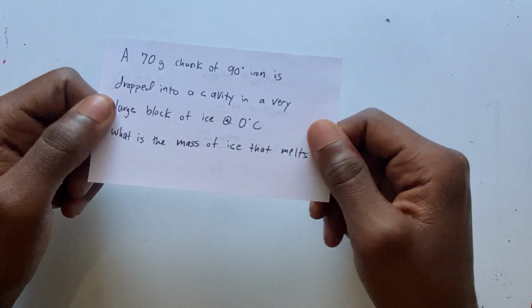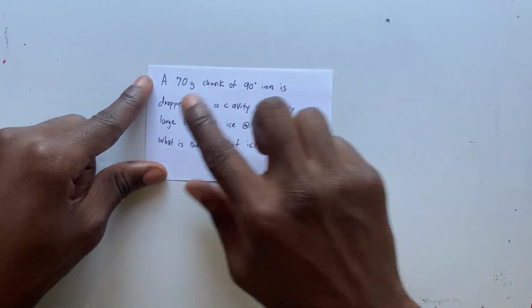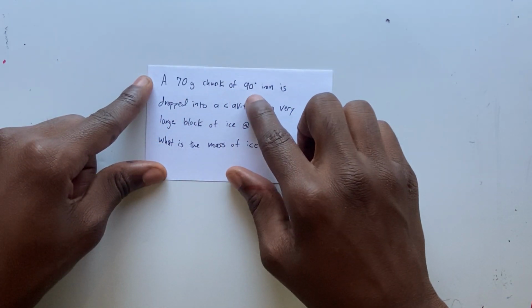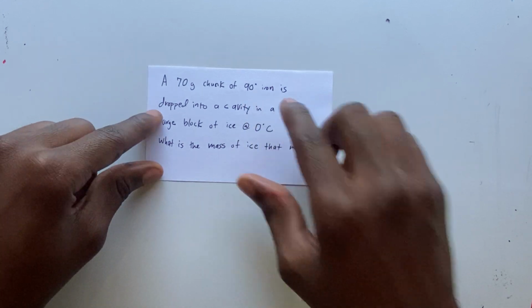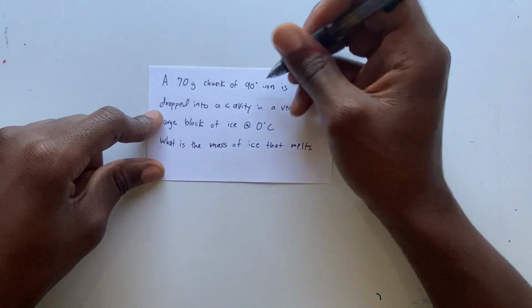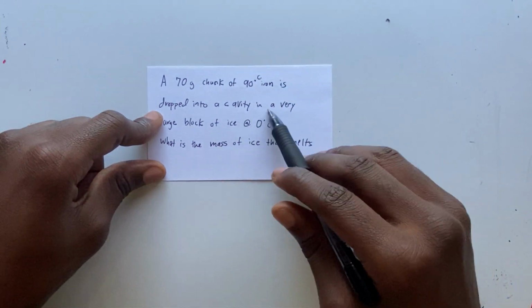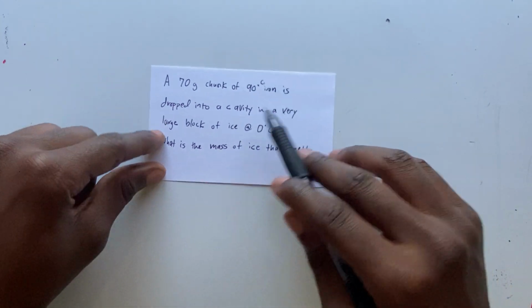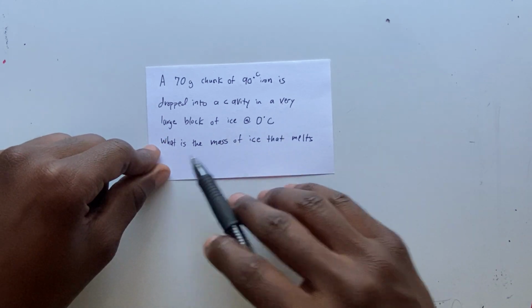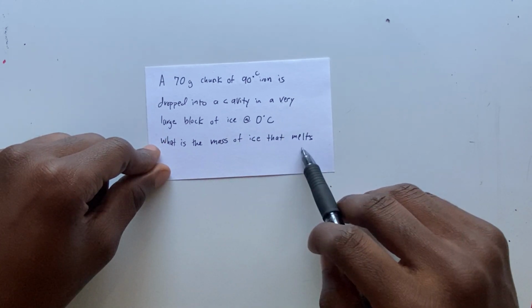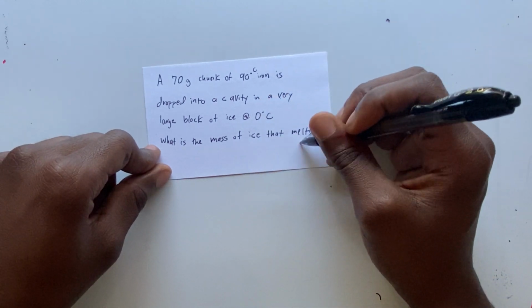In the Mastering Physics, it says a 70-gram chunk of 90 degrees Celsius iron is dropped into a cavity in a very large block of ice at 0 degrees Celsius. What is the mass of ice that melts?